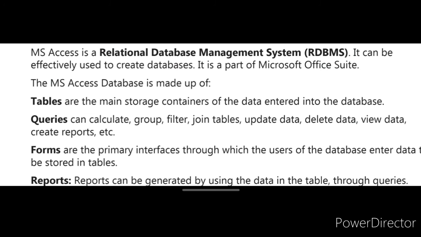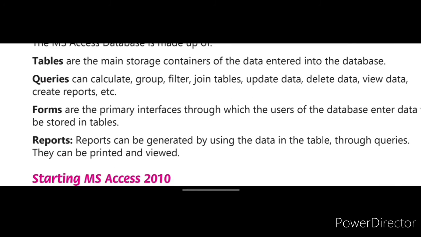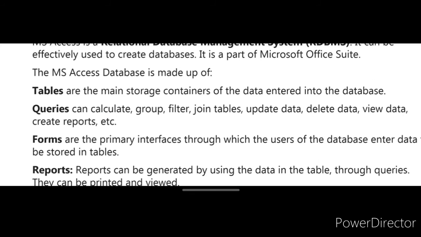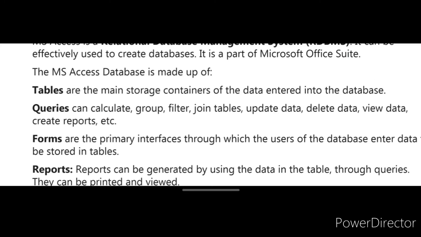So an MS Access database is made up of tables, queries, forms and reports. MS Access is a relational database management system where it uses the relational database model to store data. It is used to create databases. It is a part of Microsoft Office.